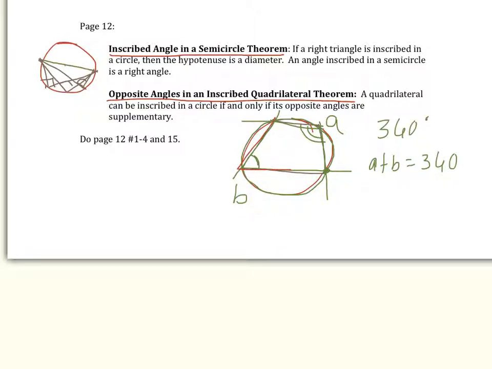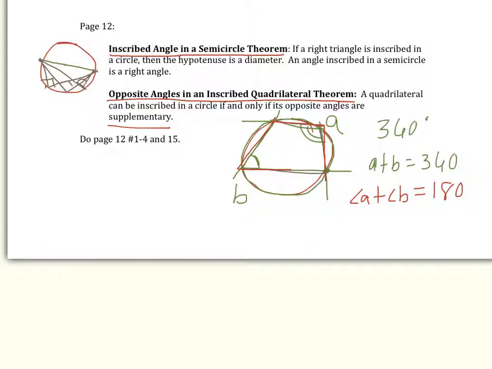Like this angle here is inscribed. This angle here is inscribed. Since they're inscribed, they're half. So I know that the actual angles at A and B have to equal half because they're inscribed. So opposite angles in an inscribed quadrilateral are supplementary. They will always add up to 180.